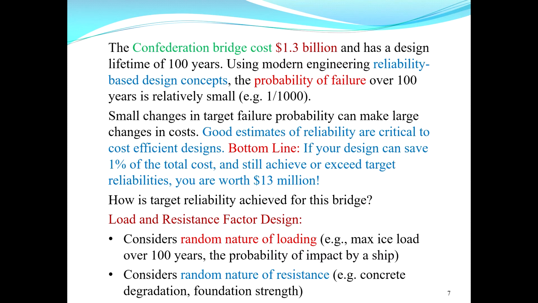How is the target reliability achieved for this bridge? Well, the approach used in civil engineering is the load and resistance factor design that basically thinks of there being loads on the structure that are random with time. We don't know what the loads are going to be precisely in the next 100 years, although we have some sort of an idea.